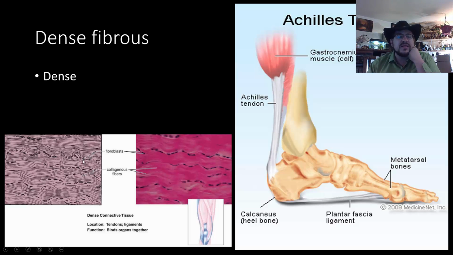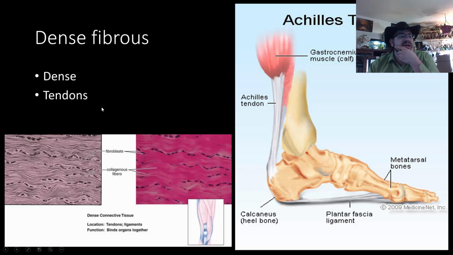So if we look in the picture, we can see a large number of fibroblasts, and then we have those dark lines pressed together. And this is all thick, dense layers of collagen. Dense fibrous connective tissue is extremely strong. It holds its shape exceptionally well.